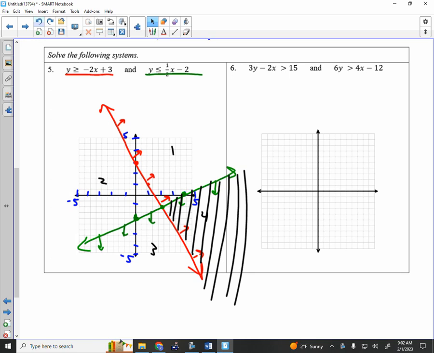I like problems 1, 2, and 3. I don't like 4, 5, and 6. So how about we cross off 4, 5, and 6? Can we do that? Yeah. The shaded region doesn't work out very well at all.